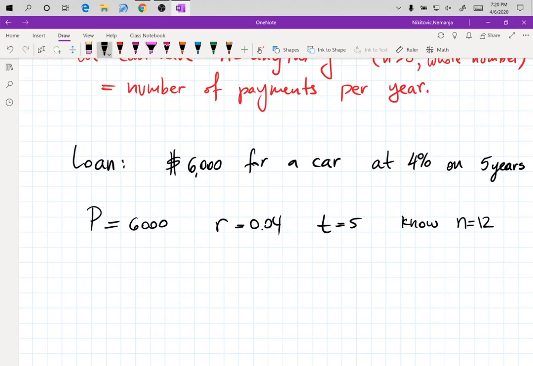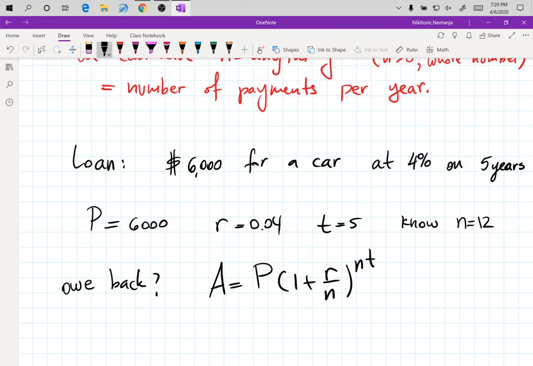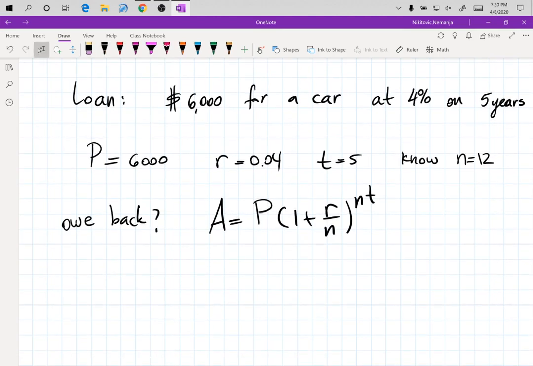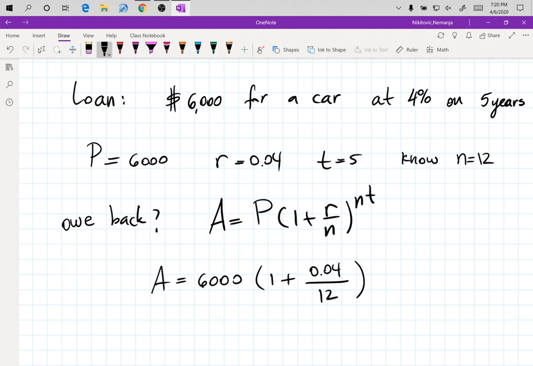And how much do you owe back? Right? How much do you owe back? Well, A is equal to P times 1 plus r over n to the nt. You memorized the formula. And the amount you owe is $6,000 times 1 plus 0.04 divided by 12 raised to 12 times 5 years.